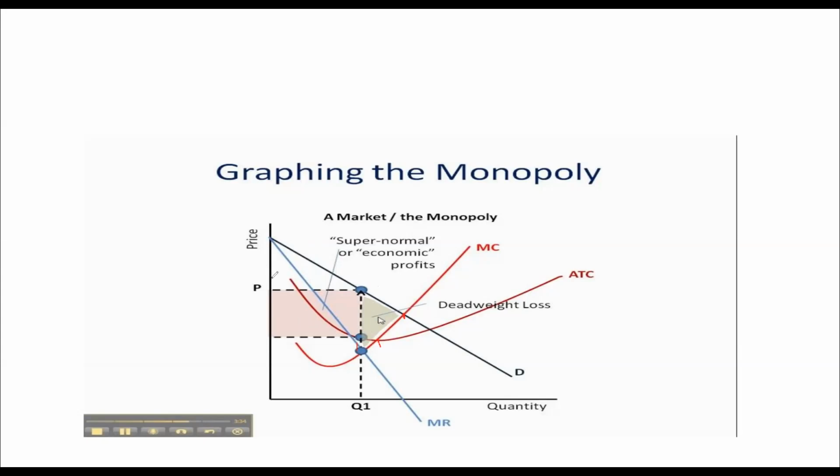We haven't really done this, but they could ask you to shade in the total revenue. So everything below the price and down the quantity, this red box I'm starting to make, that would be total revenue.